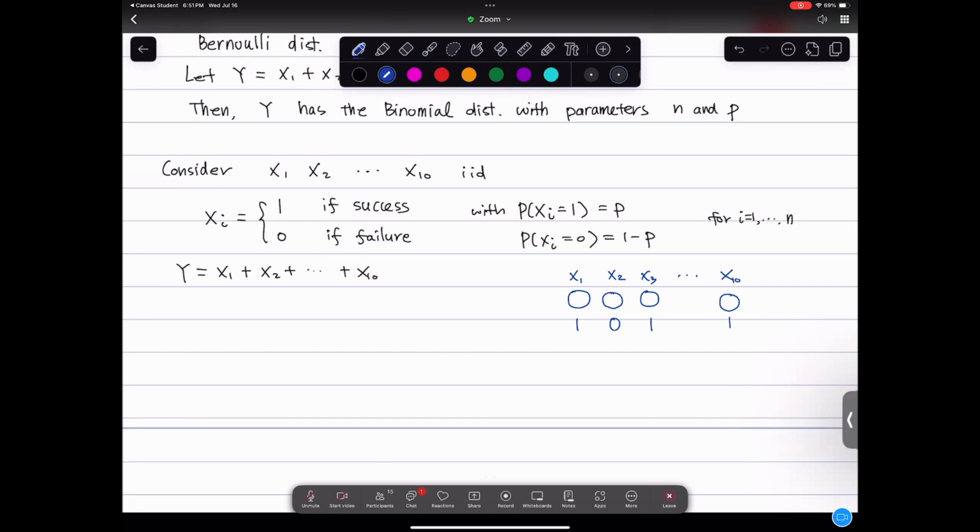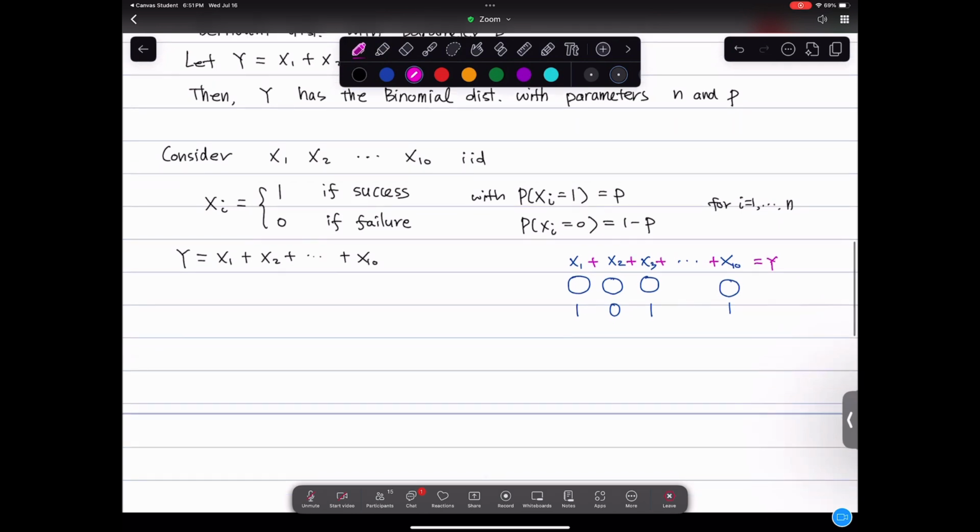So what if I add all these numbers together? We're simply adding ones and zeros. When you get the sum of all these, this is my Y. So that Y becomes nothing more than how many ones, how many successes in 10 of those items.